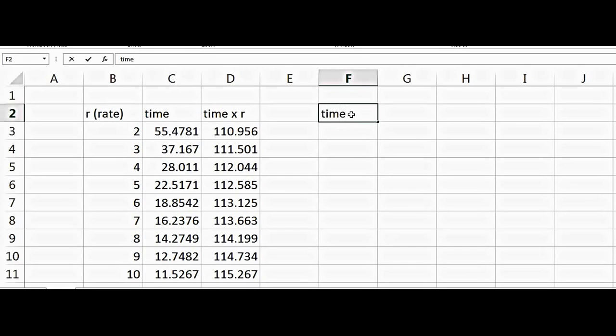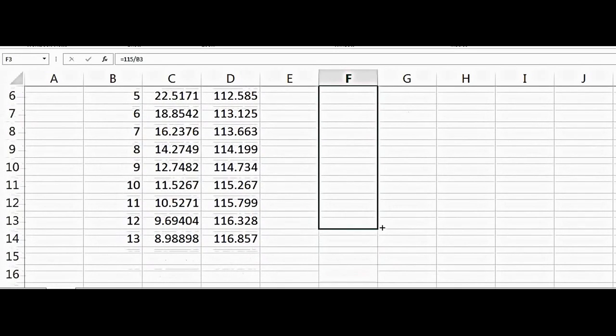The time using trick would be like this: 115 divided by rate, so that's 57.5 years. If you keep extending it, it's like this.